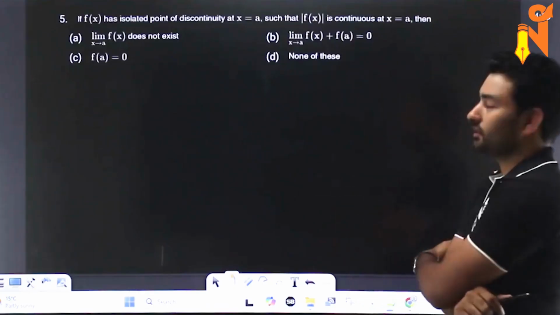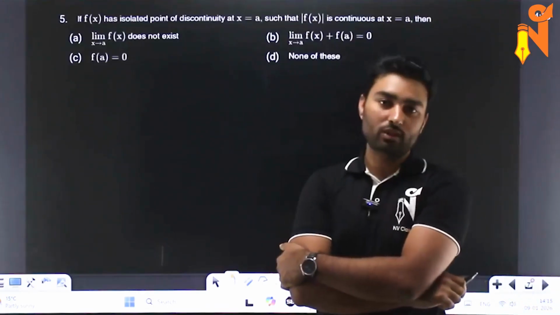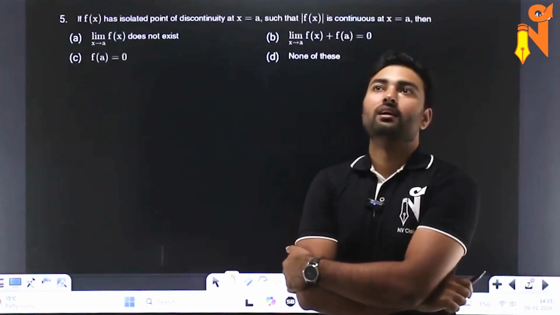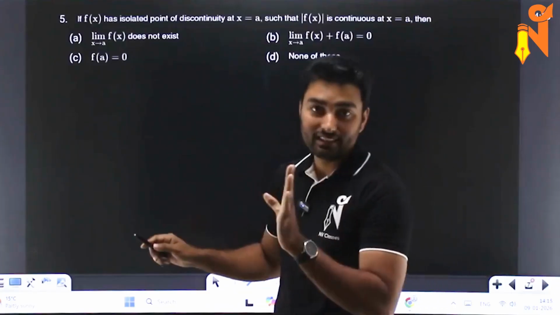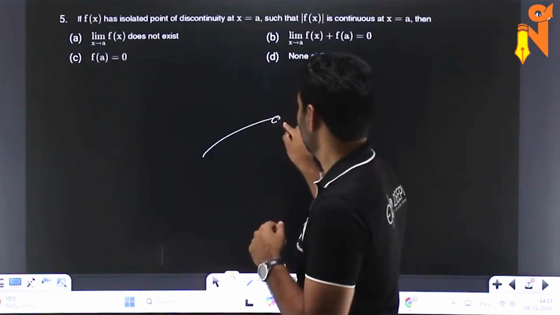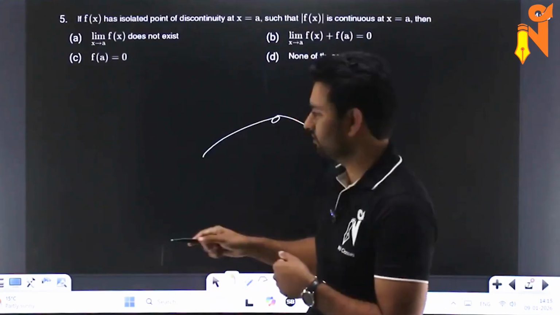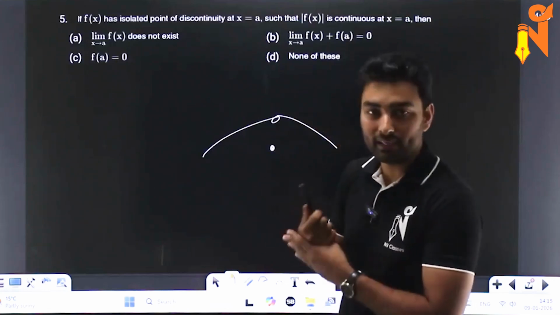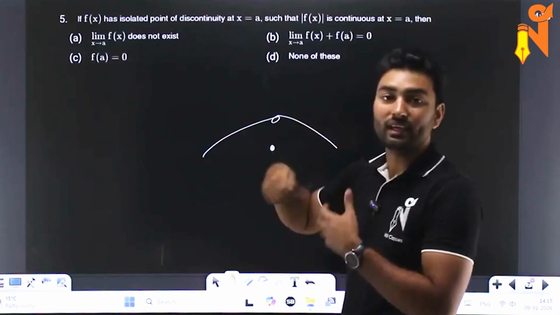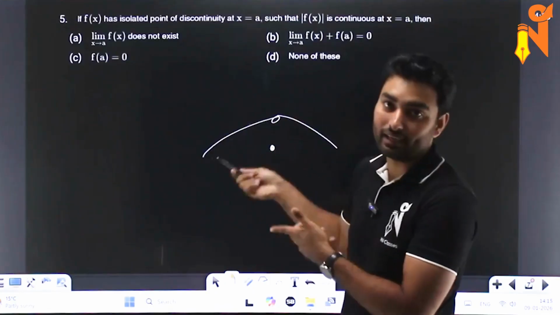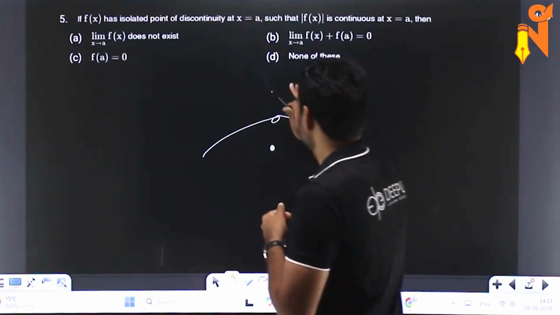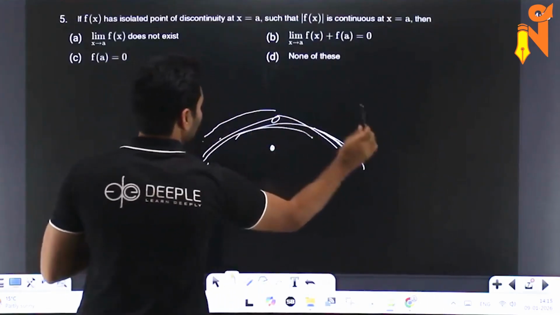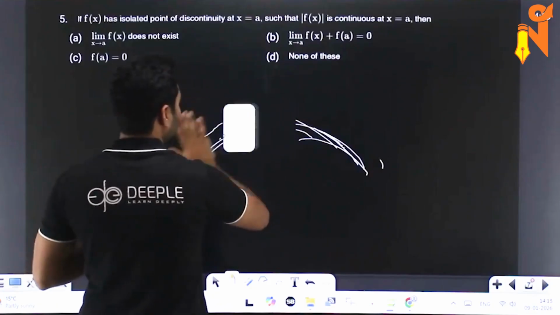Isolated point of discontinuity. First of all, you should know what an isolated point of discontinuity is. The limit exists, first of all. It's a random graph. The limit exists, f of a also exists, but f of a is not equal to the limit at a. Now I will draw a rough diagram.